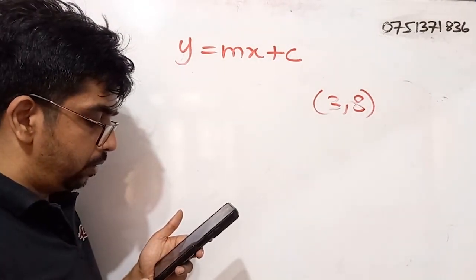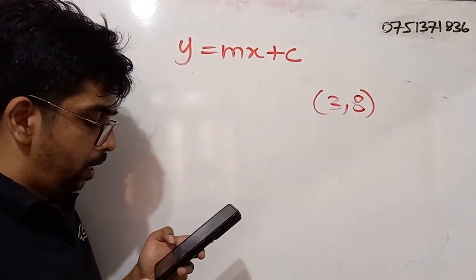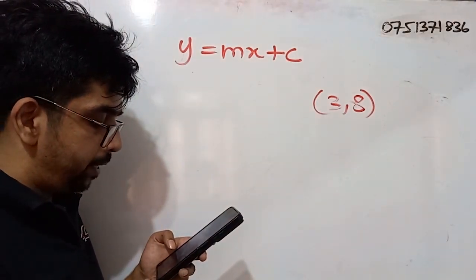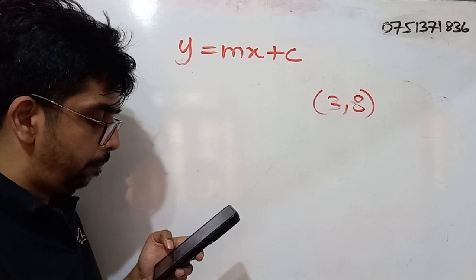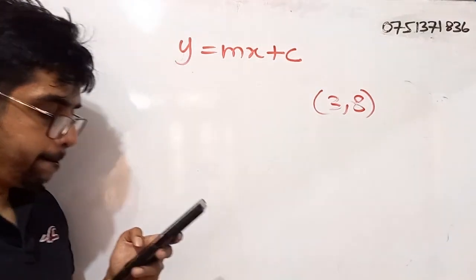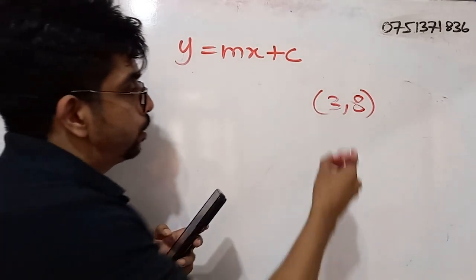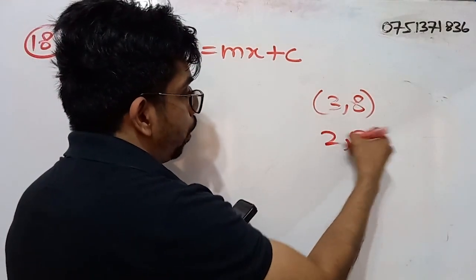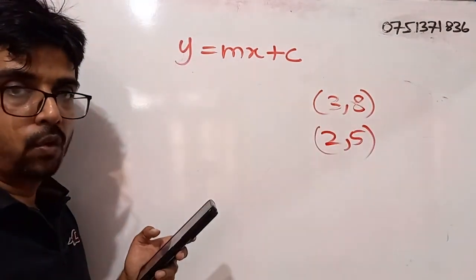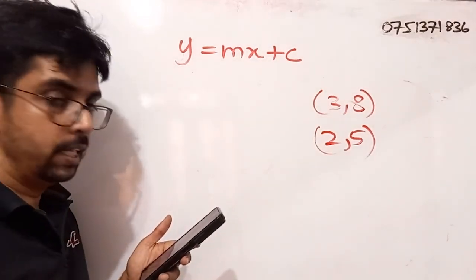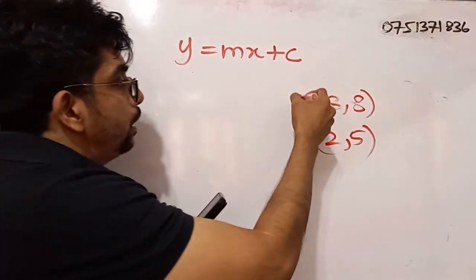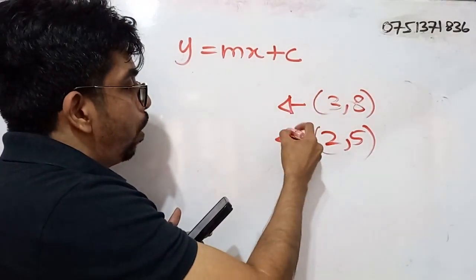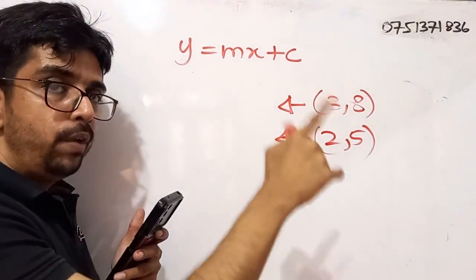And the other one, I'm going to take the point where the x coordinate is 2 and the y coordinate is 5. Okay, so these are the 2 points that are on the graph. Then what do we have to do?